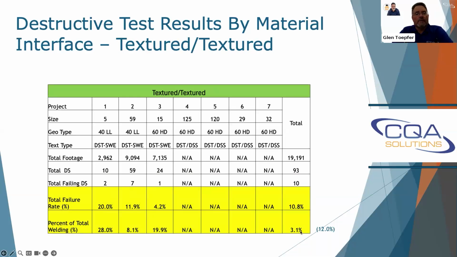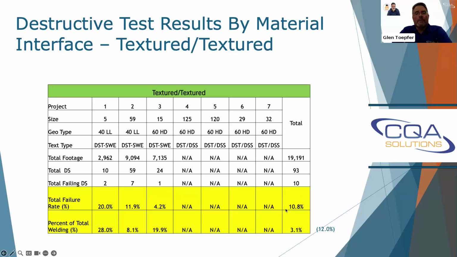Taking an average of the whole project, it was 3.1% of the welding out of all 7. If you're looking at it only for those 3 projects, it was 12% of the welding. So you have a reasonably small amount of welding, but it has a fairly high failure rate of 10%.